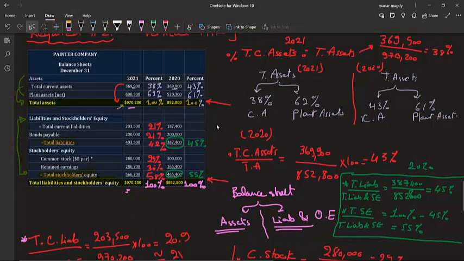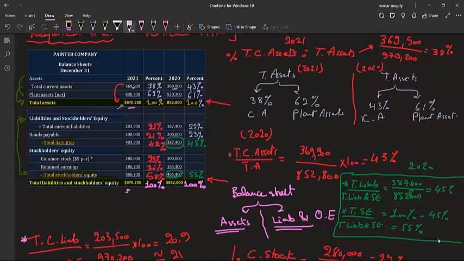And the remaining, we can just calculate this: 187,400 divided by the 852,800. It would be here 22%, and we have applied the 200 divided by the total liabilities and stockholders equity. It would be 23%.